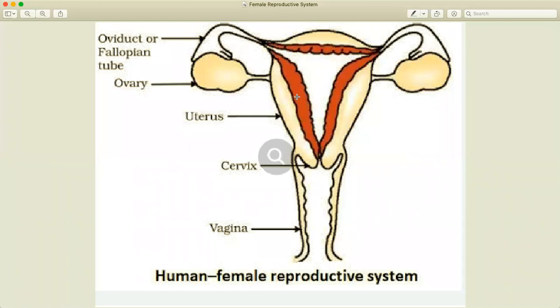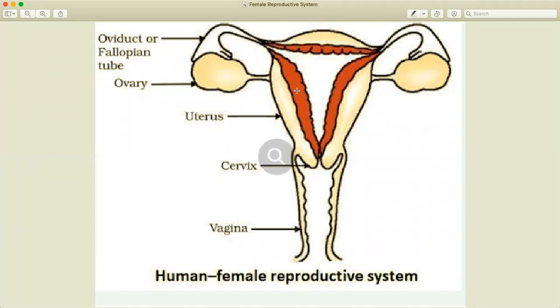In case the eggs are not fertilized, then the egg survives for a day or two and moves down, and the thick wall of the uterus, which was richly supplied with blood, gradually breaks down and releases secretions like mucus and some blood.